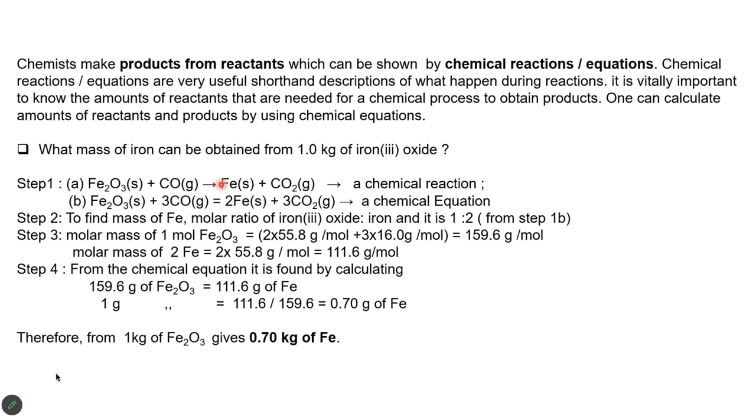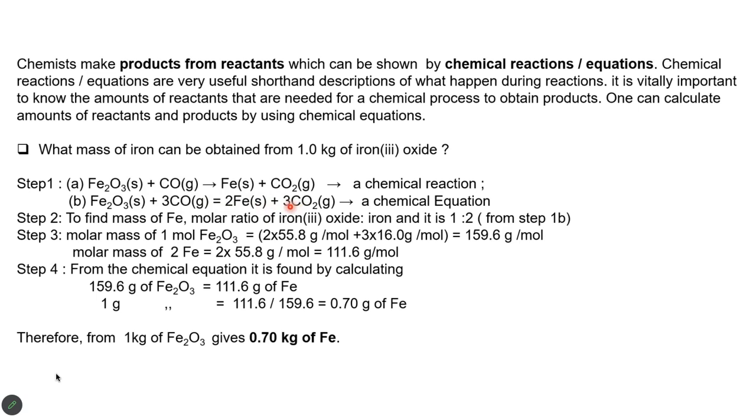But when it is balanced, we call it a chemical equation. So what is a balanced chemical equation? The number of elements on the left-hand side must equal the number on the right-hand side. So what we did here to make it balanced, we added 3 moles of carbon monoxide, and then we can see that it is balanced.